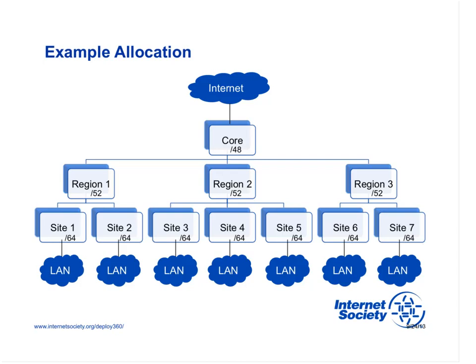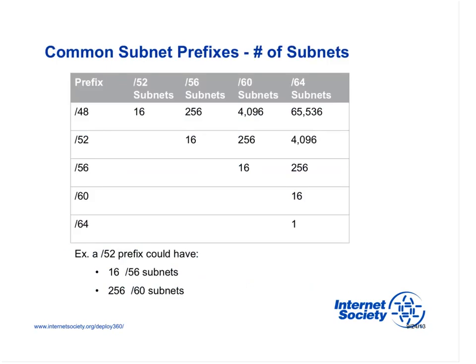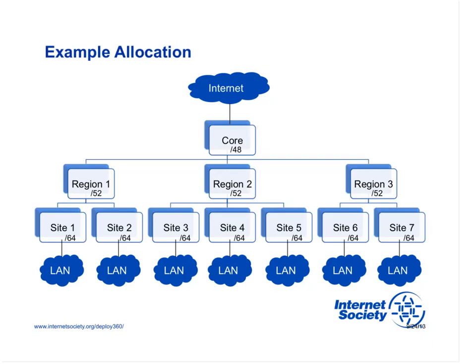The router for region 2 allocates a /64 to site 3, site 4, site 5, and so on. Now, again, stepping back, a /52 can have 4,000 of these /64 subnets. And so they could have 4,000 networks connected underneath each of these regional routers.